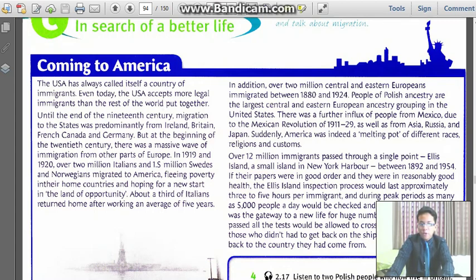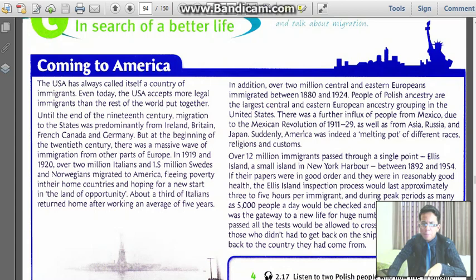There was a further influx of people from Mexico due to the Mexican Revolution of 1911 to 1920, as well as from Asia, Russia, and Japan. Suddenly, America was indeed a melting pot of different races, religions, and customs. Over 12 million immigrants passed through a single point, Ellis Island, a small island in New York Harbor, between 1892 and 1954.